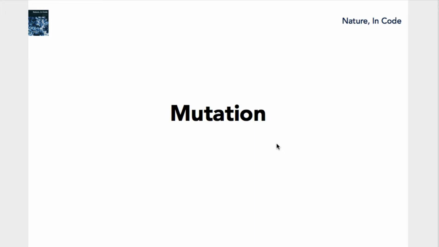Well, something else that is going on is mutation. Mutation is simply the random change in a genetic sequence. Most of those mistakes happen when a genetic sequence replicates itself. This process is normally highly accurate.